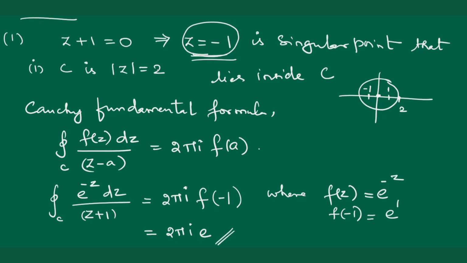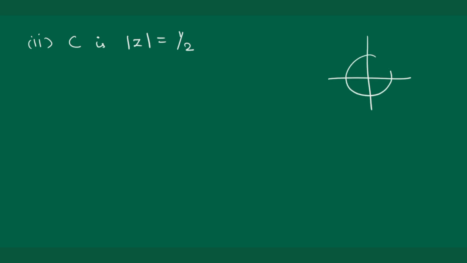So next is modulus of z equal to 1 by 2. Now taking the curve C as modulus of z equal to 1 by 2. It is again a circle with center origin and radius 1 by 2. With radius 1 by 2, obviously minus 1 will lie outside.